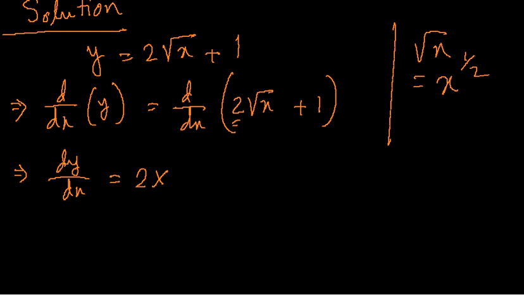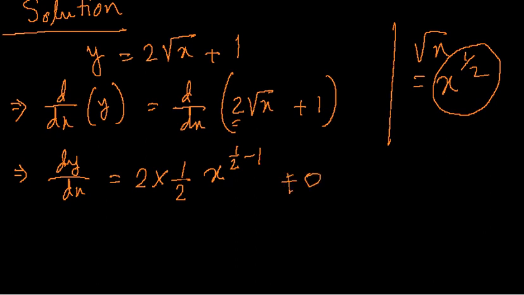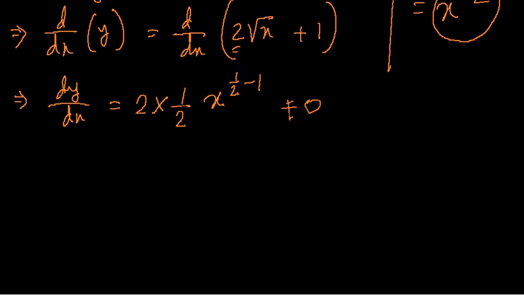If we differentiate x to the power half, the power comes to the front and the power of x is reduced by 1, and the differentiation of a constant is equal to 0. Therefore this 2 and this 2 will cancel, so we get dy by dx equals x to the power half minus 1, that is x to the power minus half.